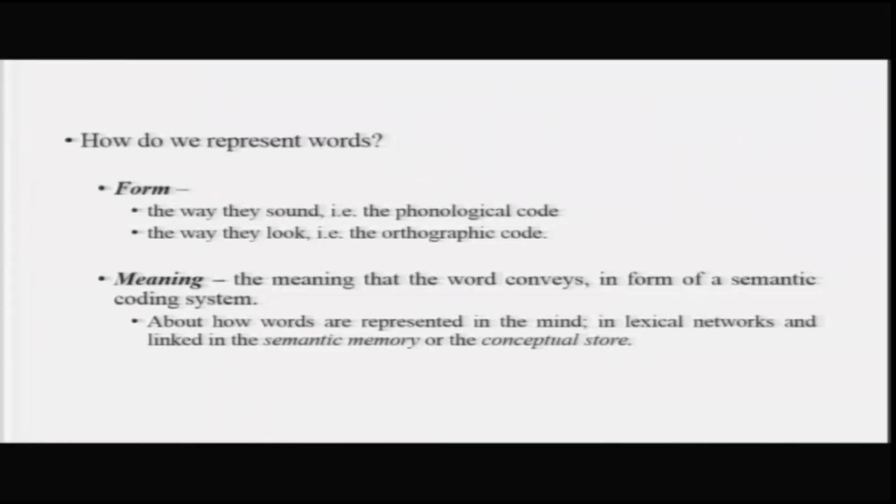If you have done any psychology, you would know that there is semantic memory, episodic memory, long term memory, short term memory, all of those kinds of things. We are probably talking about semantic memory here. Semantic memory must be the place where these word meanings are organized and stored in a particular manner. So, these are two levels of looking at how words are represented: one at the level of form and the other at the level of meaning. These are the two kinds of representation I can think about.